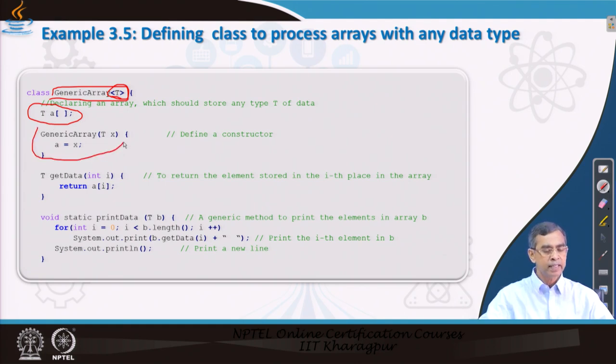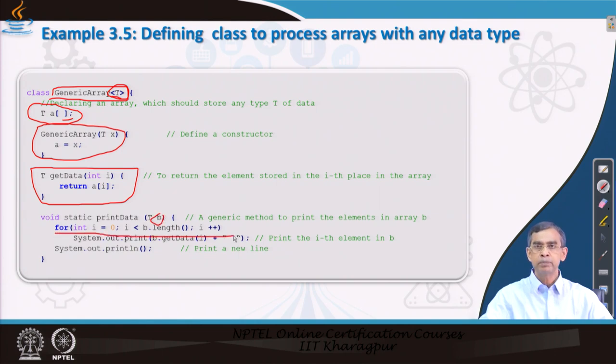Then this is the constructor, it is same as the earlier one, and then this is the one method we just want to have so that it can access any element in this array. So, get data integer I means it will return the ith element which is stored there in the array, and then print data basically prints T B, B is the array reference, for the entire array starting from 0 to the length of the array, it will print each element.